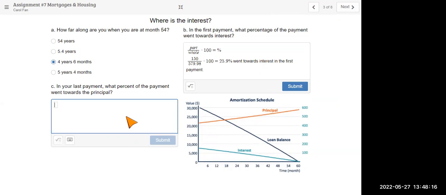On the other hand, the last payment, we have 577 and 9 cents out of 579 and 98 cents that went to the principal. So we have now 99.5% went towards the principal.